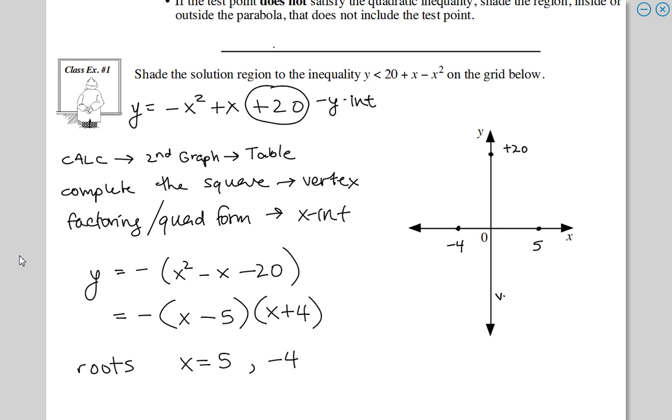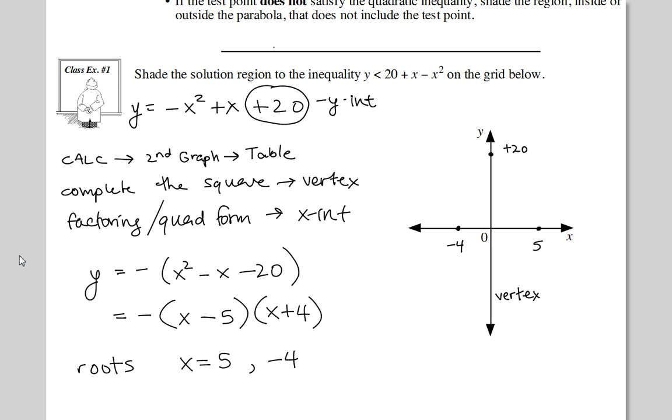Notice that the vertex, and this is a nice little tip for quadratics. Some of you guys can't really complete the square nowadays because it's been a month. Just think about the vertex. Where does it have to lie between the x-intercepts? Is the vertex going to be here?